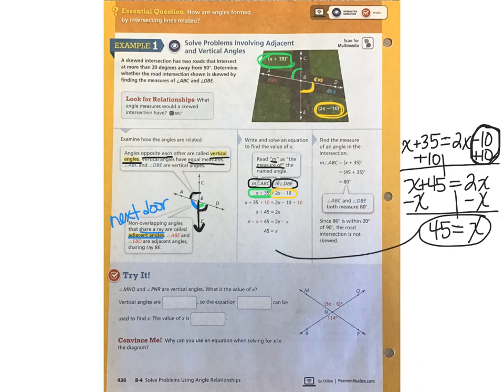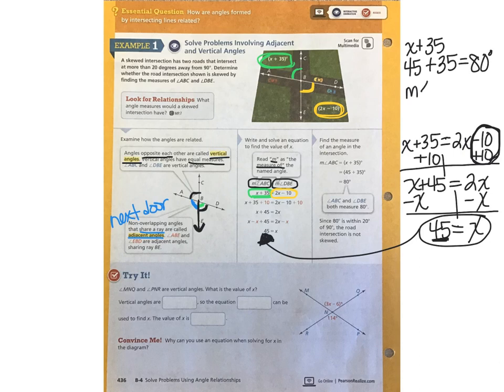Now that's the value of x, but that doesn't tell us about the angle measure. The angle measure can be found by substituting the 45 in place of x in either of those two equations. So x plus 35 for angle ABC means I need to put 45 in place of x and then add those two numbers together to get 80 degrees.